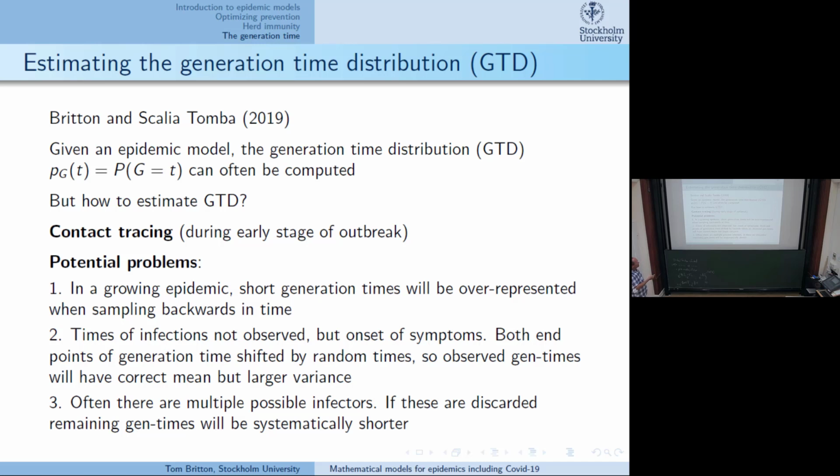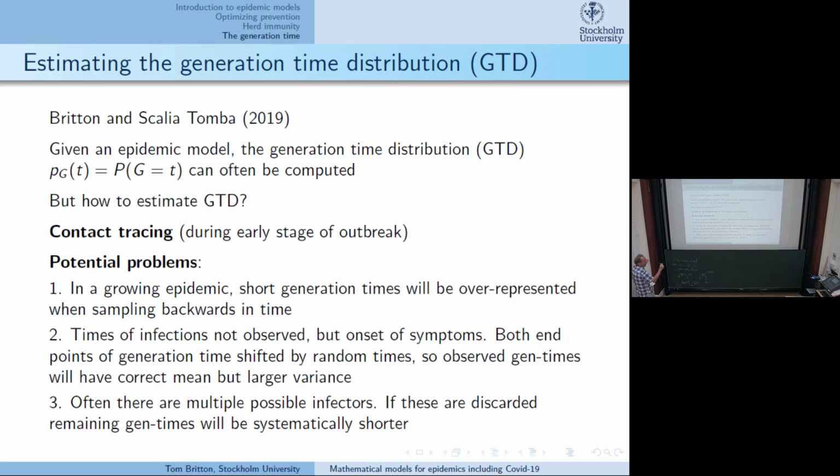Also, times of infections are not observed. Usually you don't observe when people get infected. What you observe is when they start showing symptoms. You would like to know the time between me getting infected and me infecting someone else, but usually you have the onset of symptoms, so that is a delay in both ends.